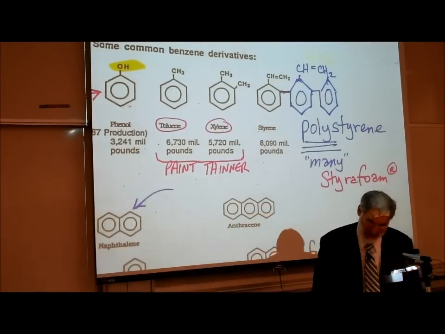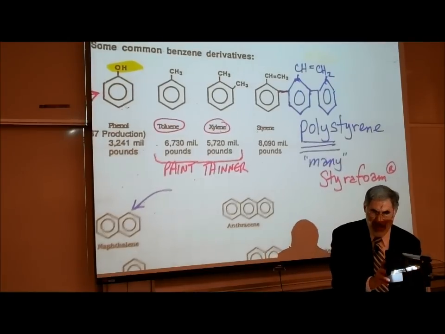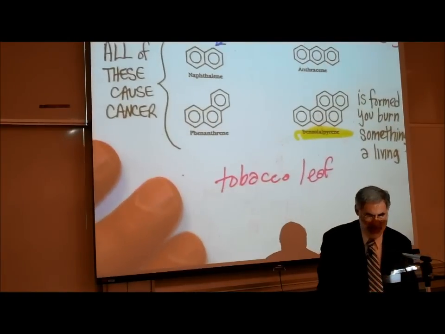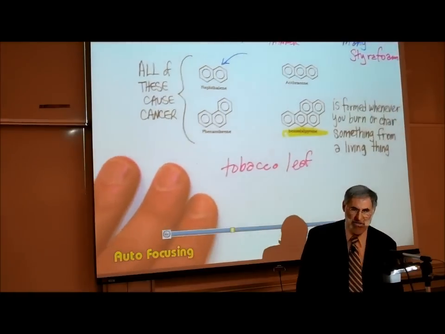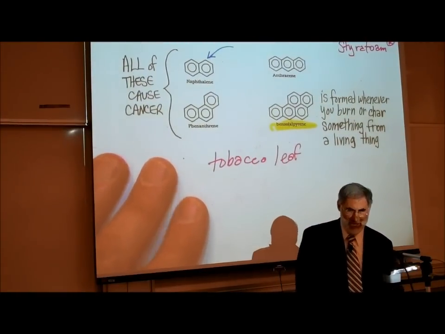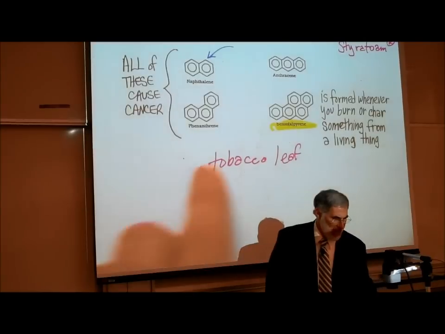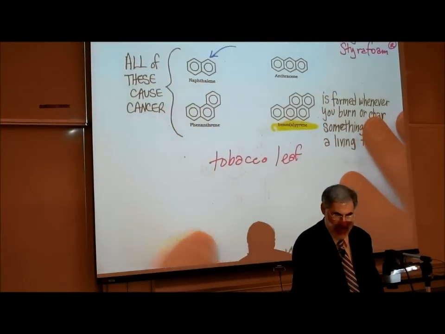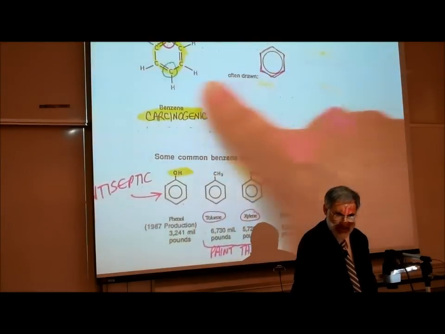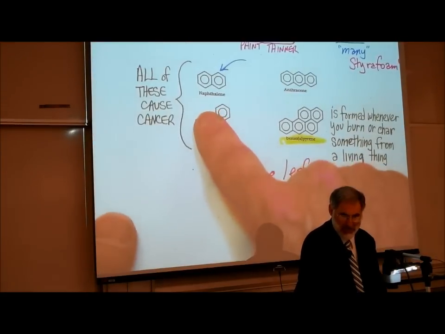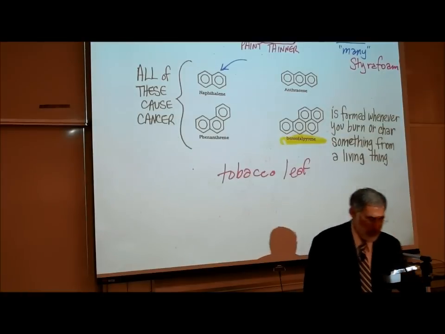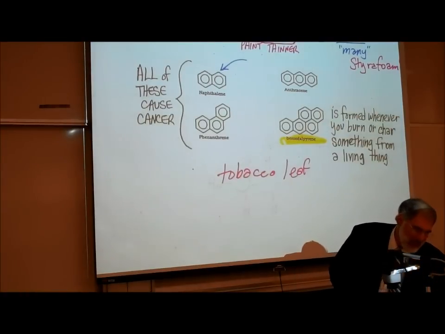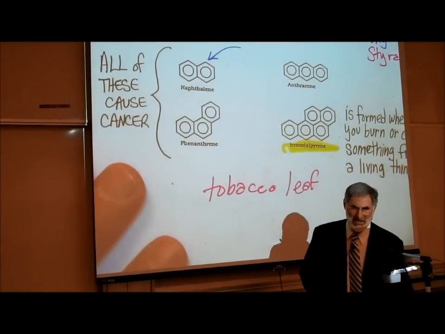It's just amazing. All right, now, at the bottom of the page, you'll notice that all of these chemicals that are drawn just look like two or more benzenes joined together. At the top of the page, we showed you what benzene is. Now, we said benzene does cause cancer.